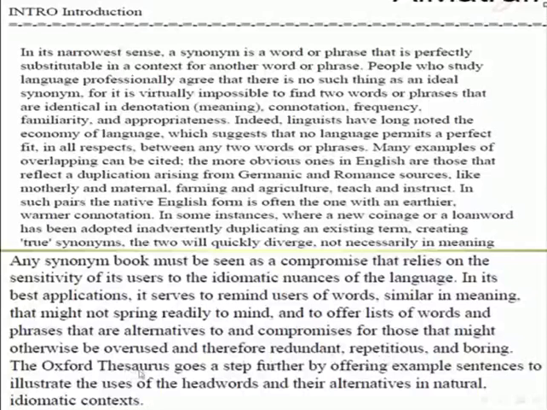The Oxford Thesaurus goes a step further by offering example sentences to illustrate the uses of the head words and their alternatives in natural idiomatic contexts. So it's about the Oxford Thesaurus. It's about this dictionary, right?